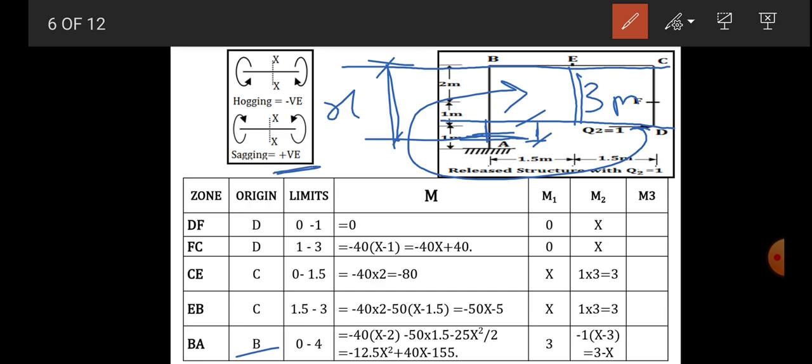The magnitude of force is 1, and the lever arm is x minus 3. So minus 1 into x minus 3 becomes 3 minus x. Here the lever arm is measured between the horizontal imaginary axis and the line of action of force Q2 equal to 1.